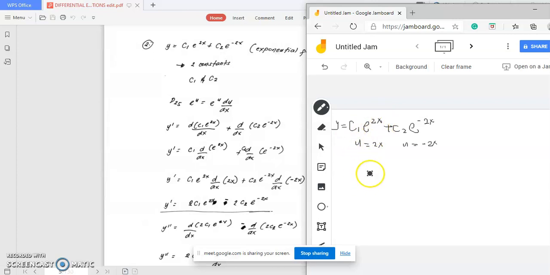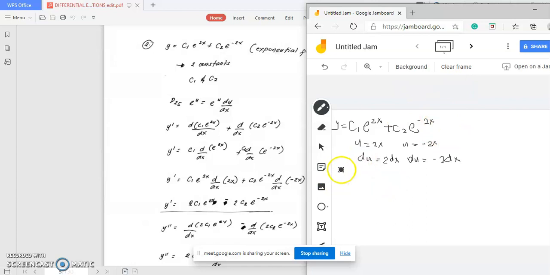Deriving this, you will derive 2x, so your du will be equivalent to 2dx, while for the other one du will be negative 2dx. The given is a general solution, so supposedly when we derive, there is a dx.